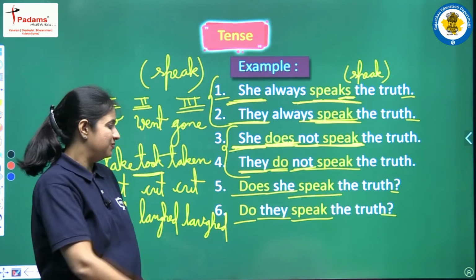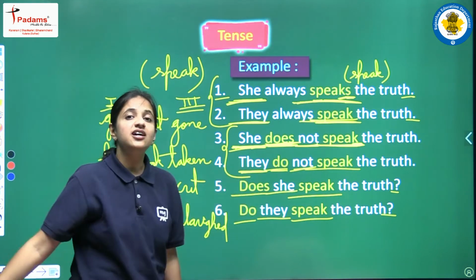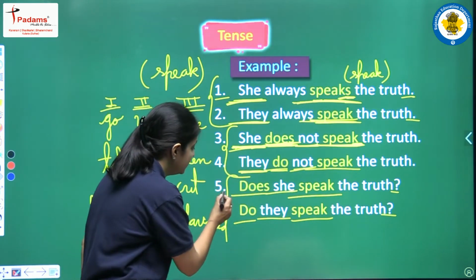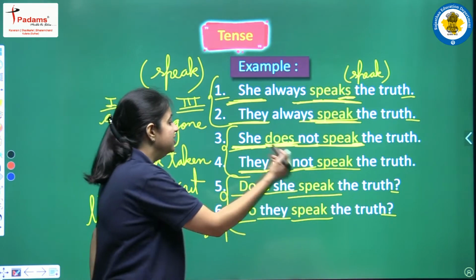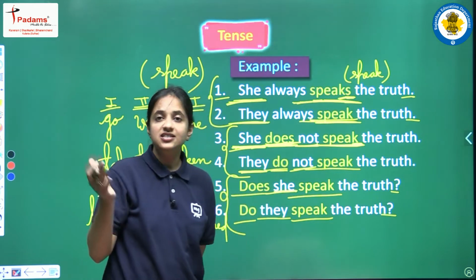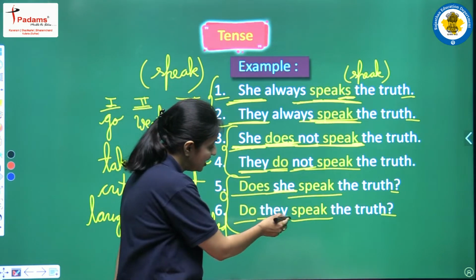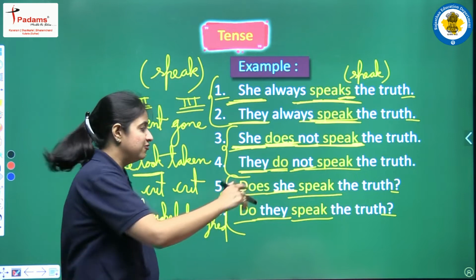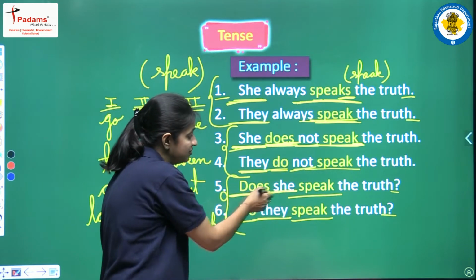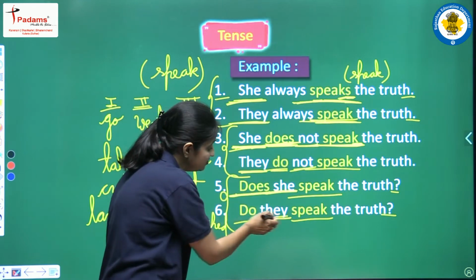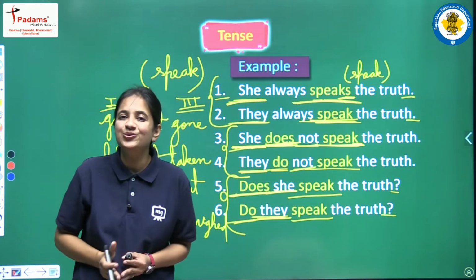So our sentence will be do they speak the truth? And yes, these two are examples of interrogative sentences, but again the difference is that in this sentence we are having a singular subject, and in this sentence we are having a plural subject. For singular subject we are using does, and for plural subject we are using do.